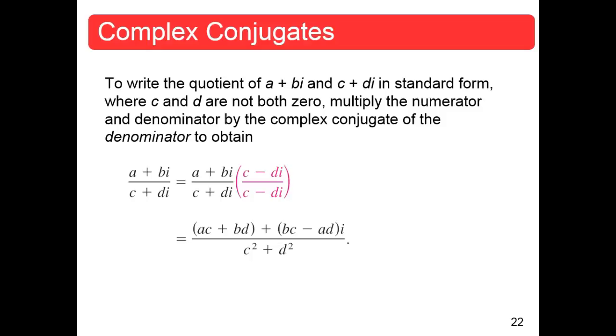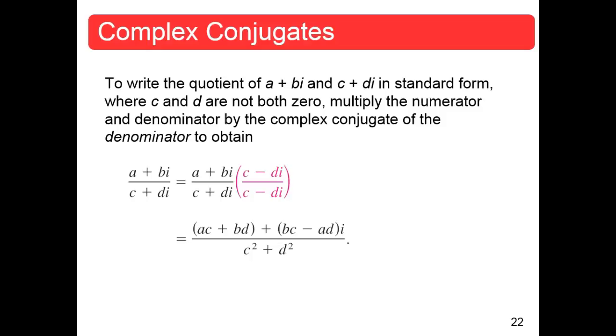But multiply that denominator by its conjugate. But if you do that, you must also multiply the numerator by that same conjugate. Not its conjugate, but the denominator's conjugate. Why? What's this? c minus di over c minus di? 1. And when can you multiply by 1? Anytime you want to. It doesn't change the value.